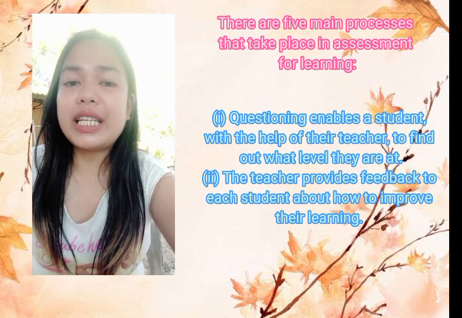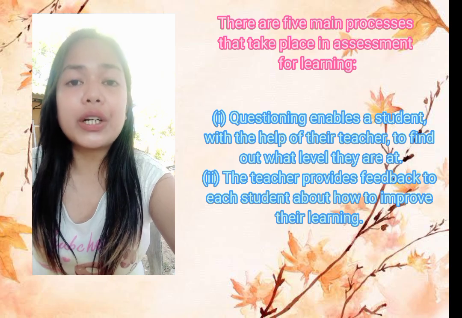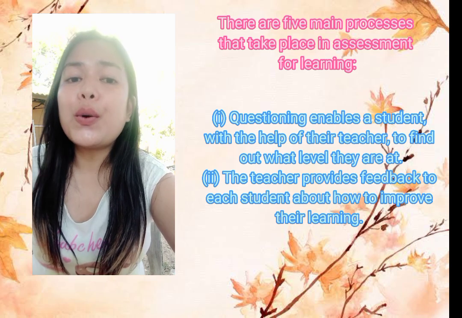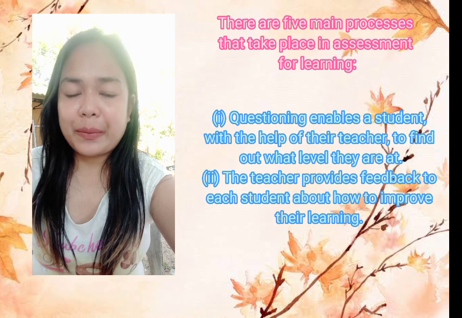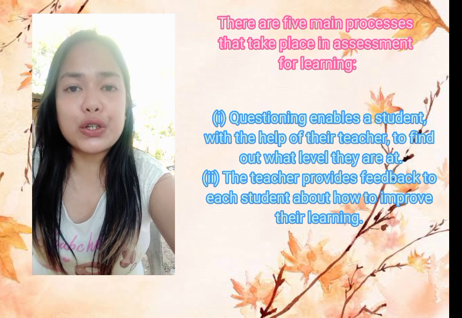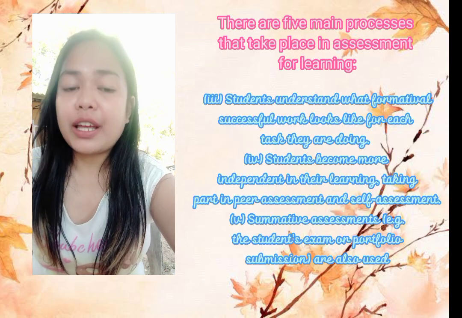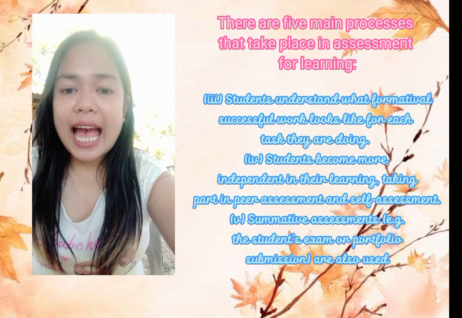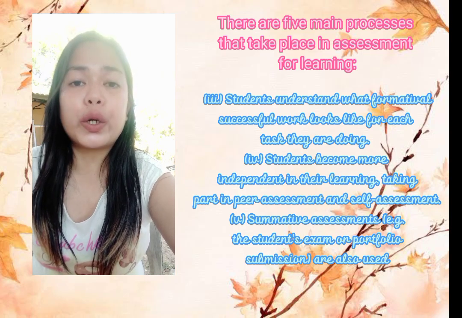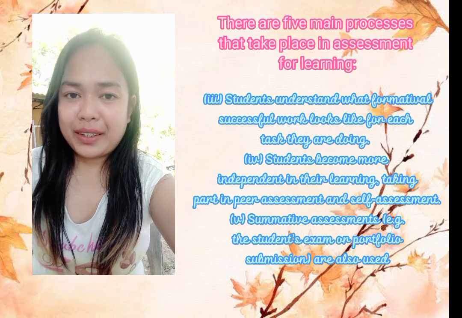The first one is questioning, which enables a student with the help of their teacher to find out what level they are at. Second, the teacher provides feedback to each student about how to improve their learning. Third, students understand what successful work looks like for each task they are doing.